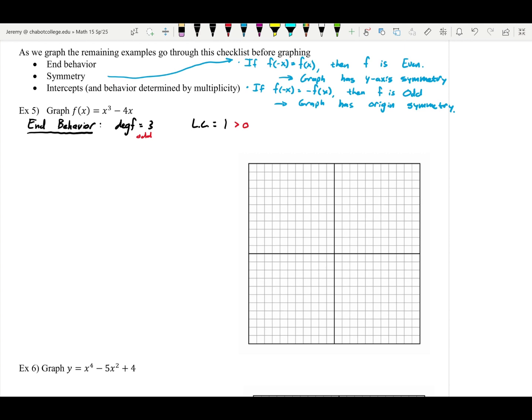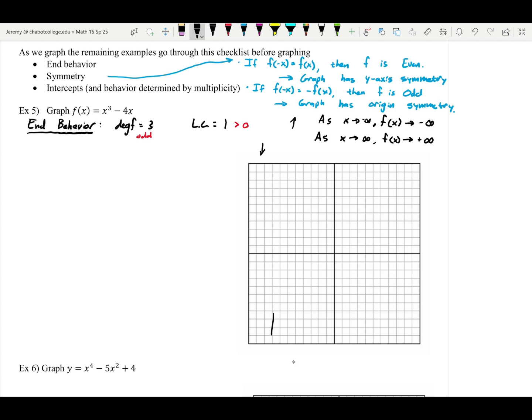So what this tells me is the end behavior is down on the left, up on the right, or using arrow notation, as x approaches negative infinity, f of x will be approaching negative infinity, and as x approaches positive infinity, f of x will be approaching positive infinity.